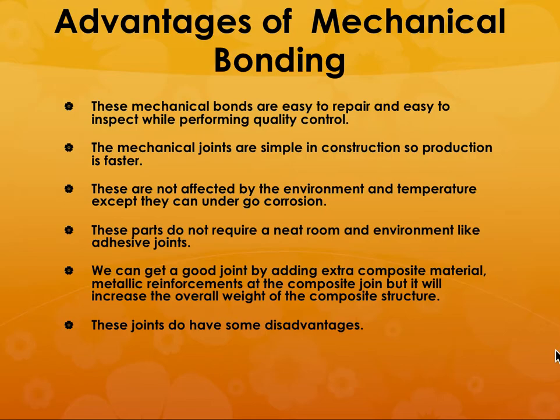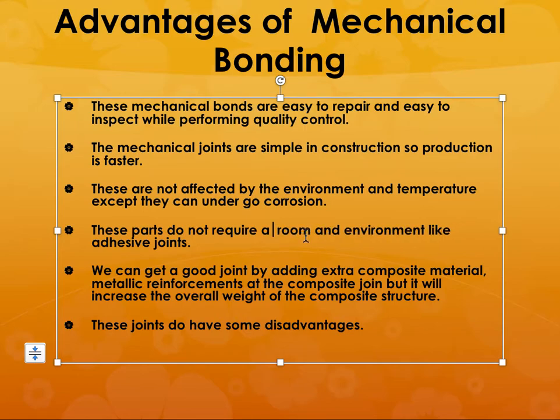And you do not always need a clean room environment like the adhesive joints. And you can get a good joint by adding extra composite material, metallic reinforcements, etc. But the problem is that it will introduce extra weight into your composite material.